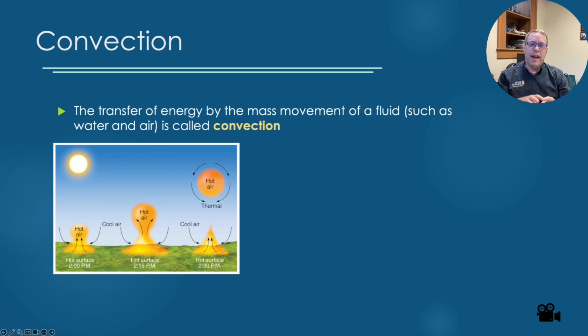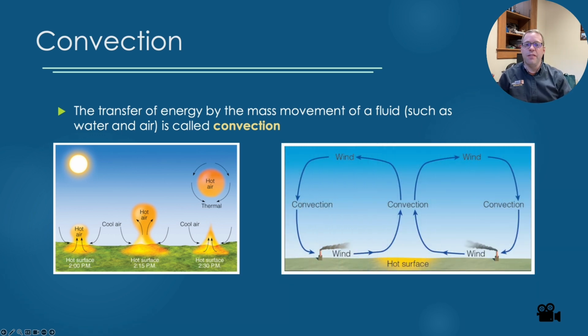Now, as that air moves up, it leaves a space where it used to be. What fills that in? Well, you're going to have air come in from the sides and replace it, and you end up with something that's called a convection cycle. So you have a hot surface.